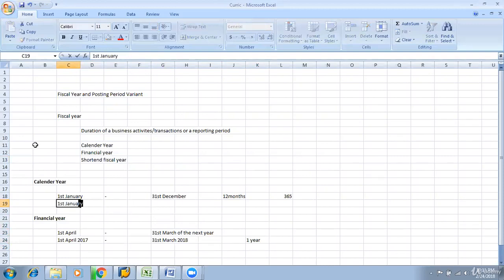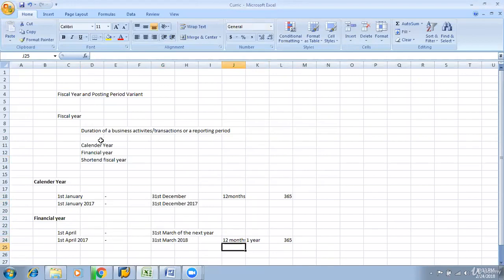It's 1st January 2017 till 31st December 2017 itself, not the next year, because 12 months complete on 31st December. But in case of financial year, starting from 1st April, the 12 months end on 31st March 2018. That is 1 year. Both fiscal years have 12 months and 365 days in common.